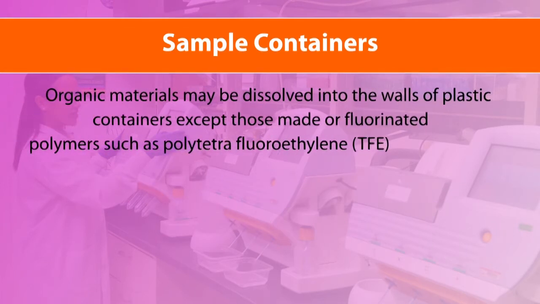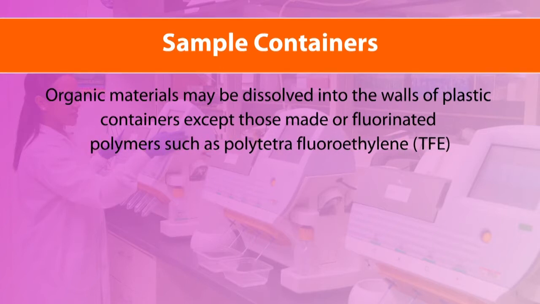Organic materials may be dissolved into the walls of plastic containers except those made of fluorinated polymer such as polytetrafluoroethylene. Hence, while taking water samples, care must be taken about the container in which the sample will be kept for analysis.